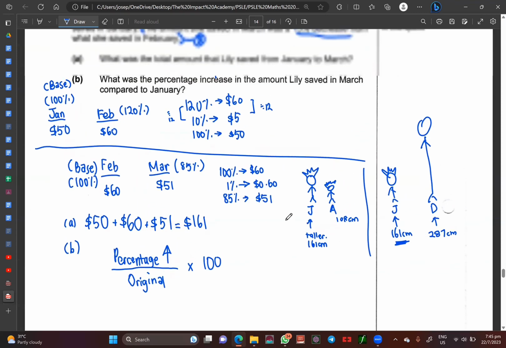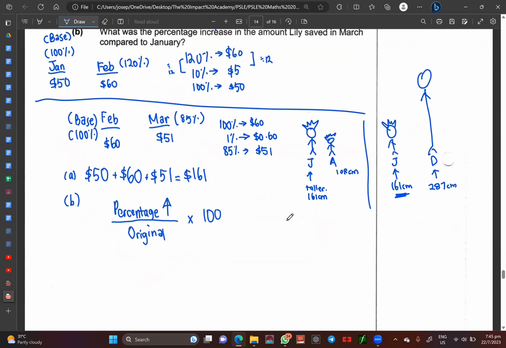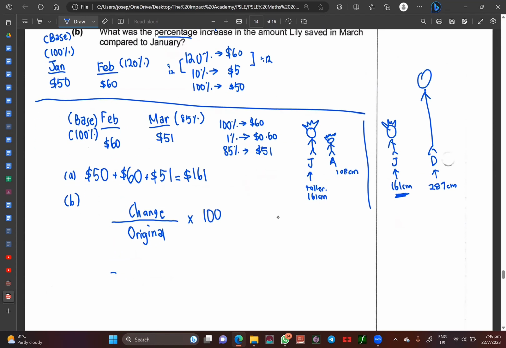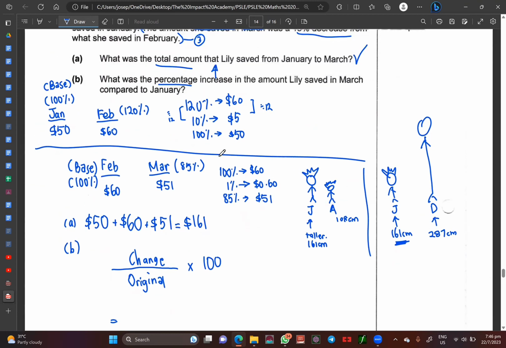Sorry, I shouldn't have said it this way. I should have said change over your original times 100%. I apologize, it shouldn't be percentage increase. Scrap that. It should be change over your original, because they're asking us for the percentage increase, okay? Now, why times 100? Because they're asking us for the percentage increase.